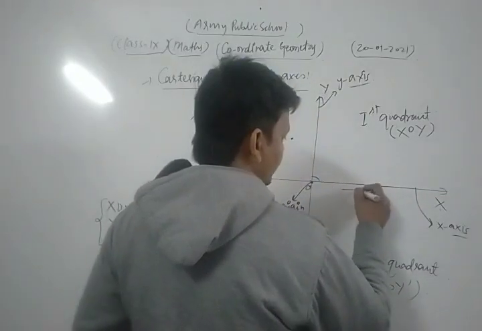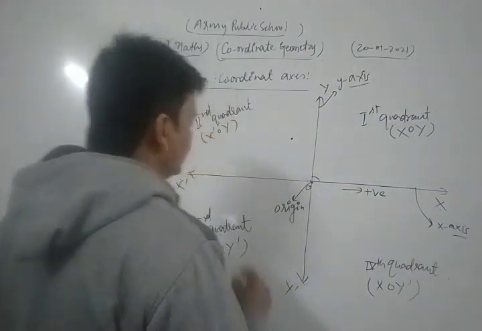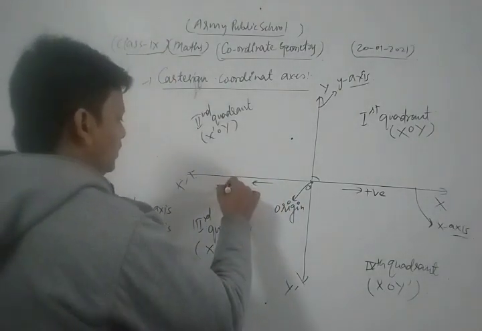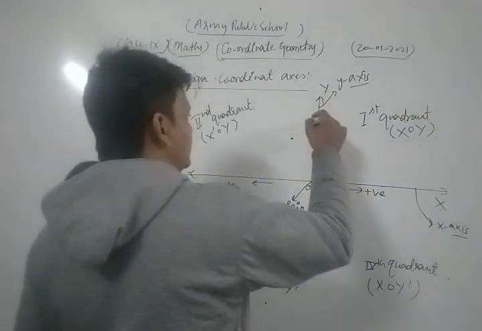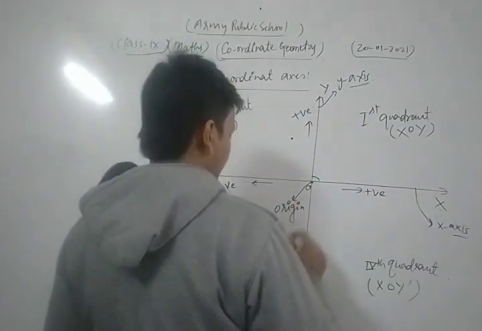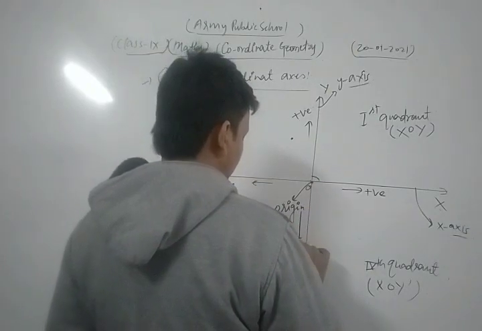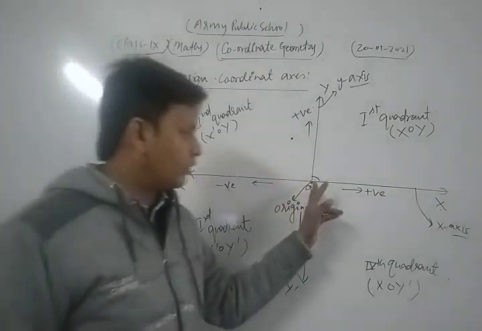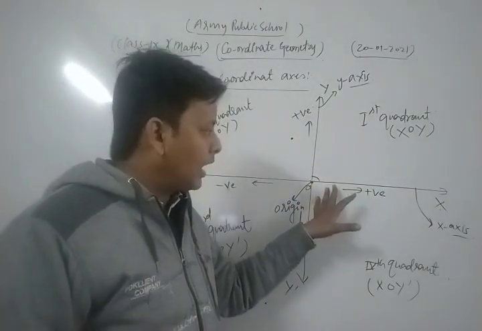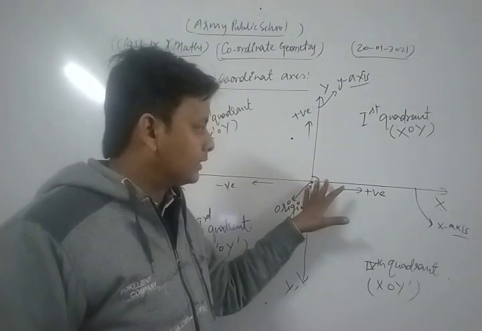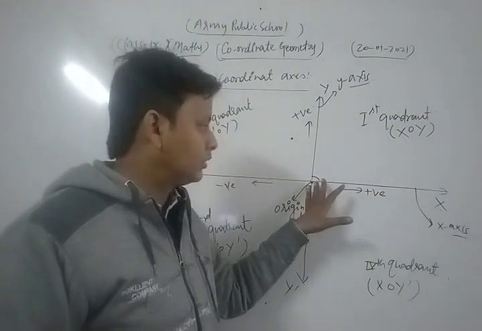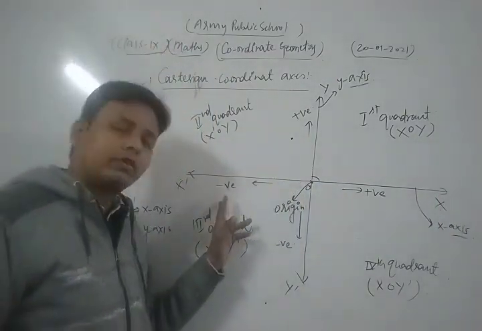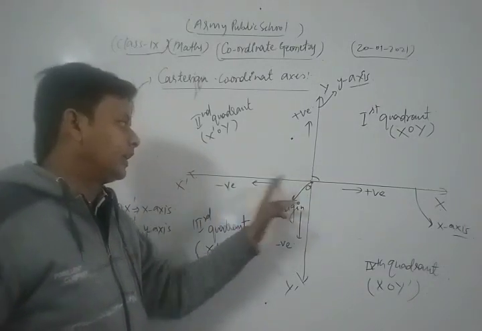This is the positive direction of the y-axis, and this is the negative direction of the y-axis. From the origin, all positive points lie on the ray OX on the right side, and all negative points lie on the negative direction of the x-axis.